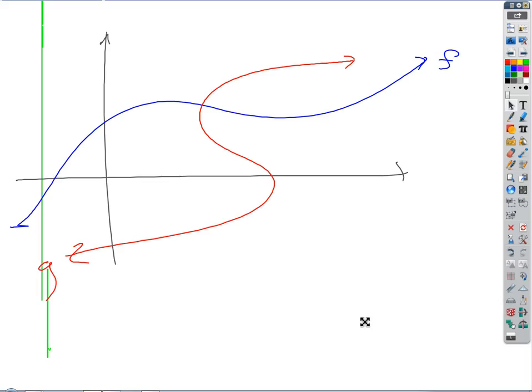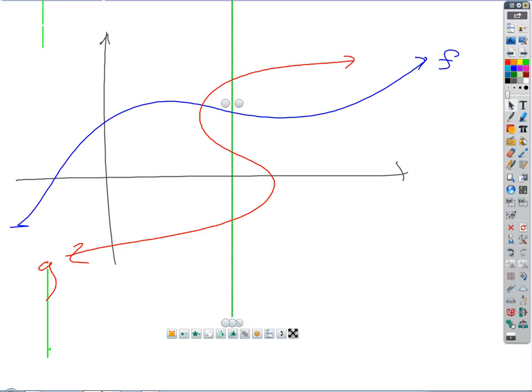However, there are some locations where I get multiple intersections. That vertical line intersects the red graph in more than one place. And therefore, the red graph is disqualified. It fails the vertical line test, right?